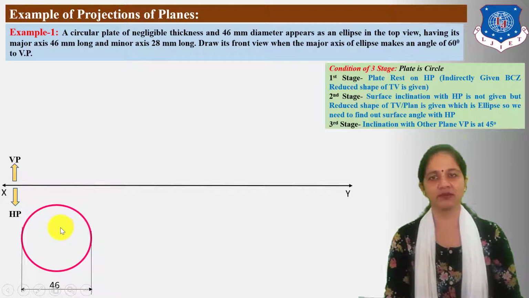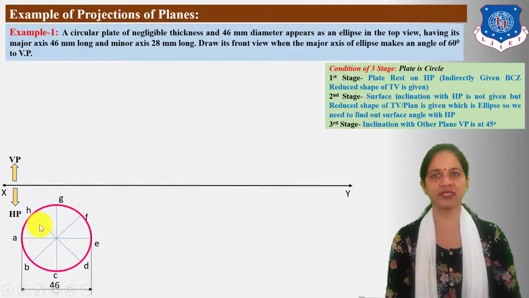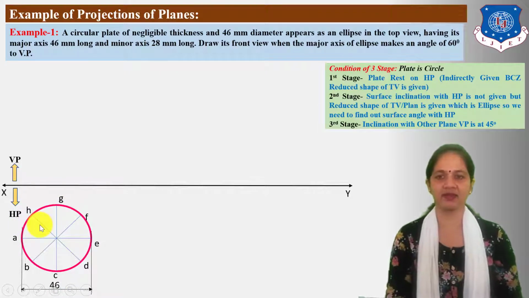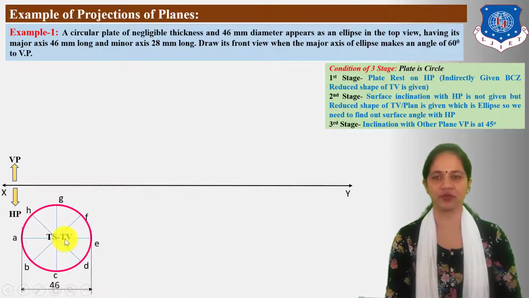Next, divide this circle into 8 equal parts at 45 degree angle and mark A, B, C, D, E, F, G and H points on the circumference of the circle. This indicates the true shape in top view.